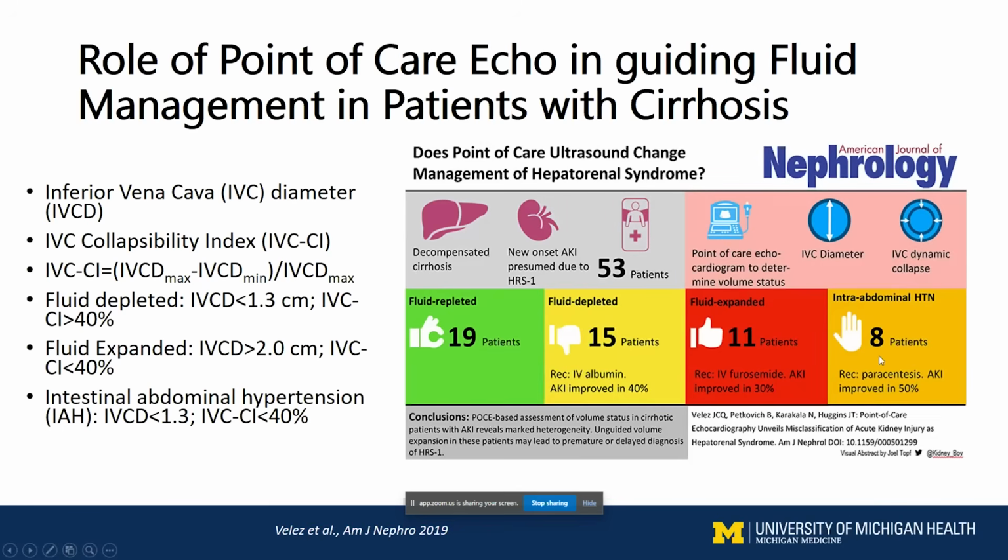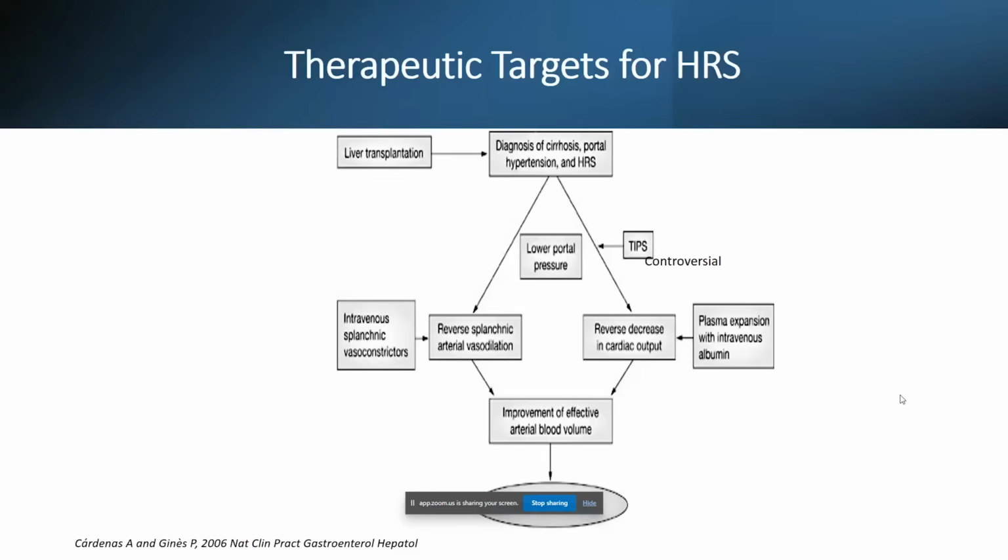And in patients with intra-abdominal hypertension, they received paracentesis, and AKI improved in 50% of the patients. So I think we need to include this in our practice of evaluating a patient for their volume status.